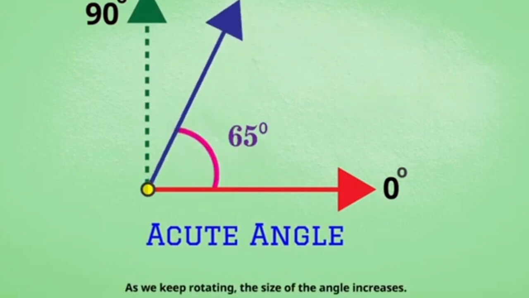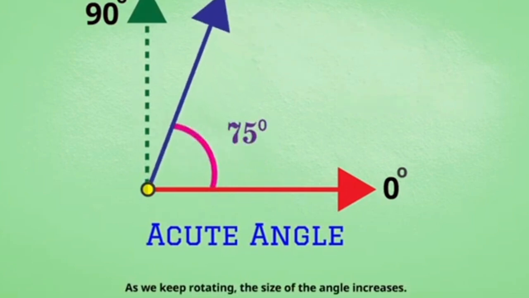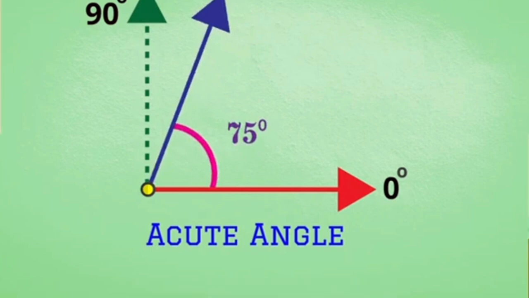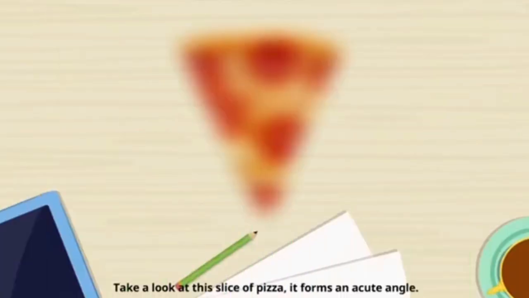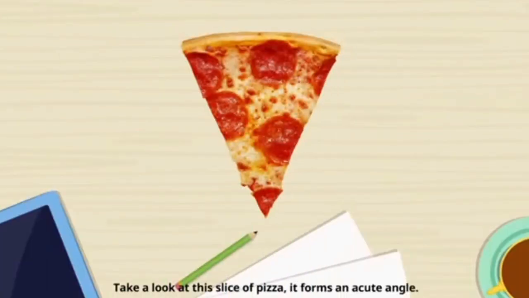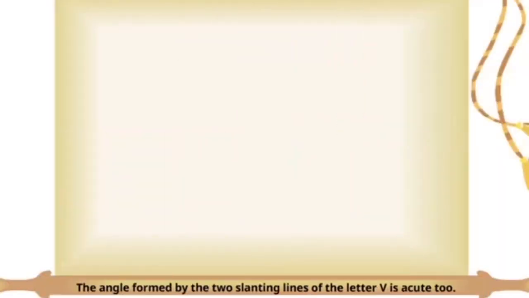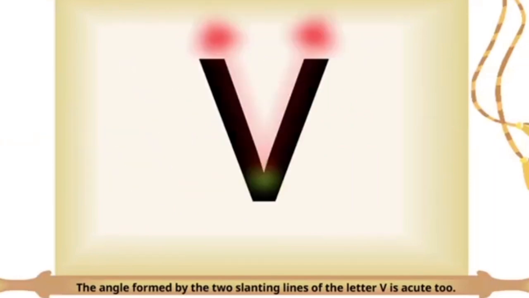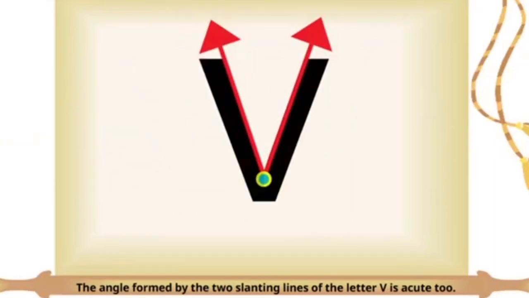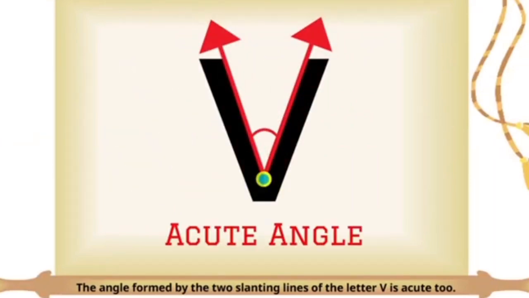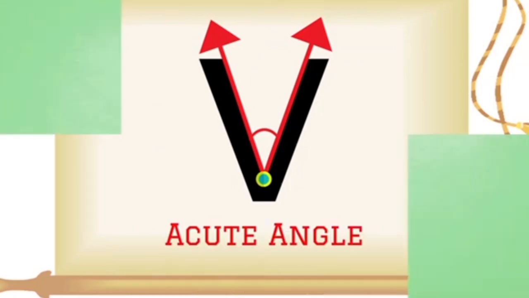As we keep rotating, the size of the angle increases. Take a look at this slice of pizza. It forms an acute angle. The angle formed by the two slanting lines of the letter V is acute too.